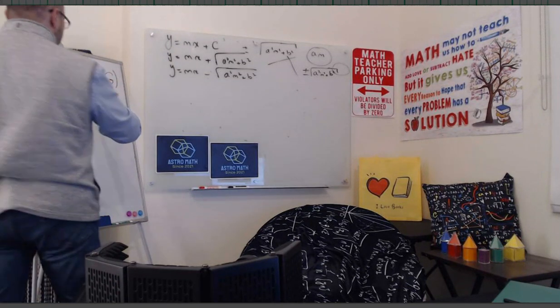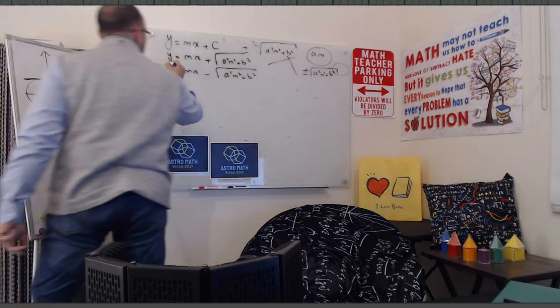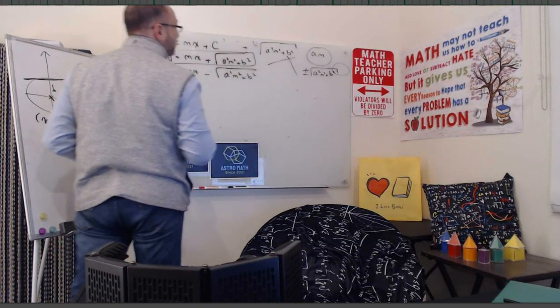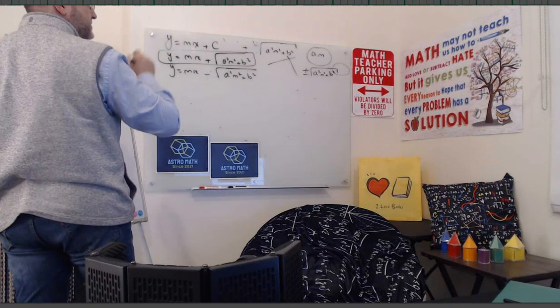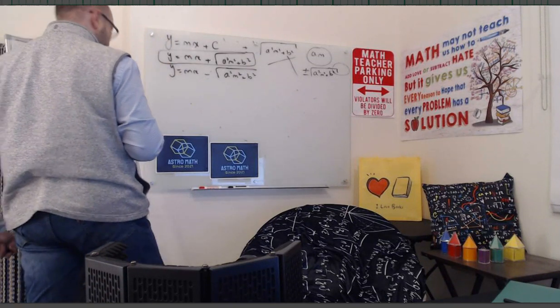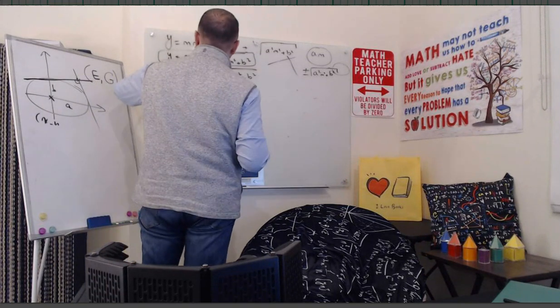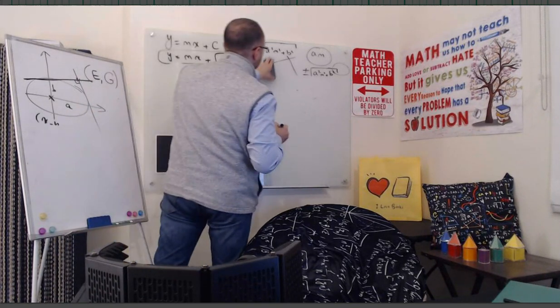The slope is rise over run. I can go with this one. I can use c equals plus the square root of that morning breakfast squared plus b squared, okay? So I'm going to start with that. I'm going to see how I can get the equation of the director circle, okay?